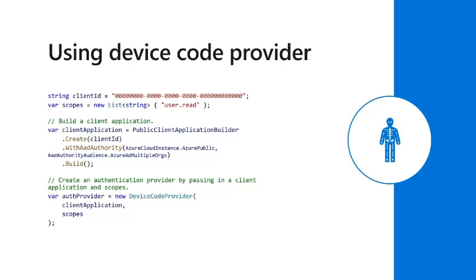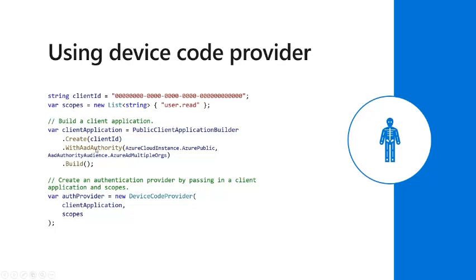In this example, we are allowing requests to any Azure AD organization on the Azure cloud platform. So we specify the client scope user.read, and we create the client application using PublicClientApplicationBuilder.Create with the client ID and with the Azure Active Directory authority.